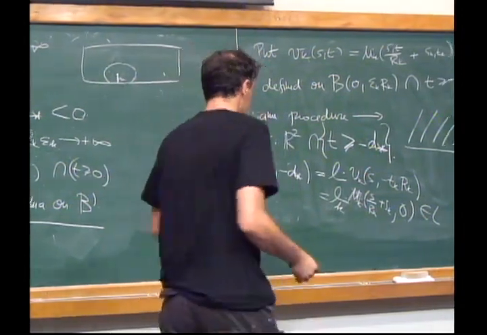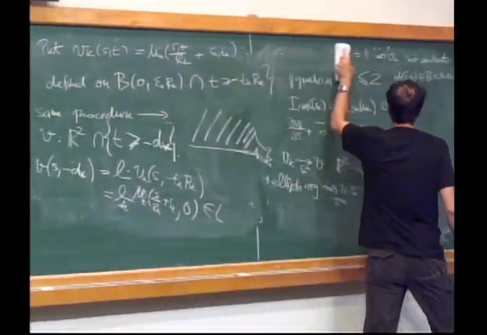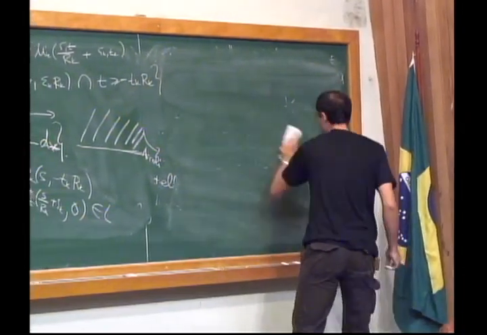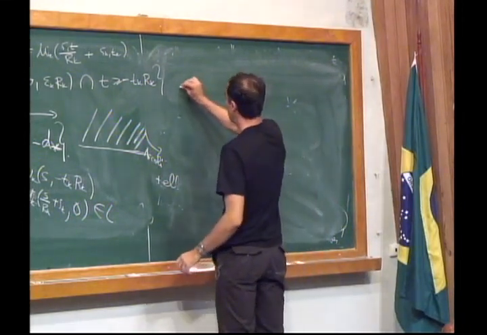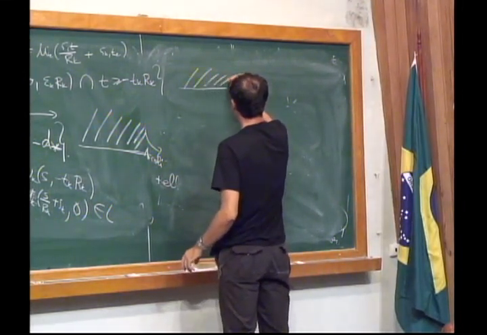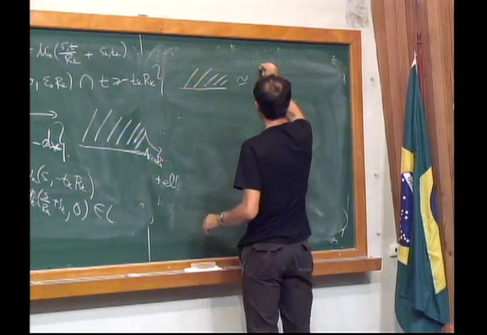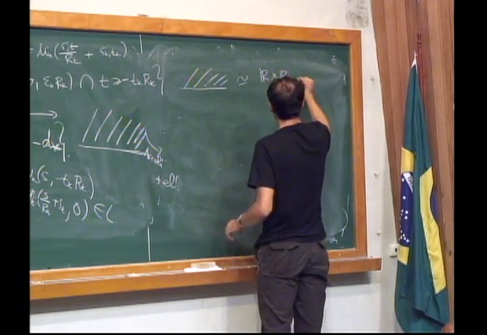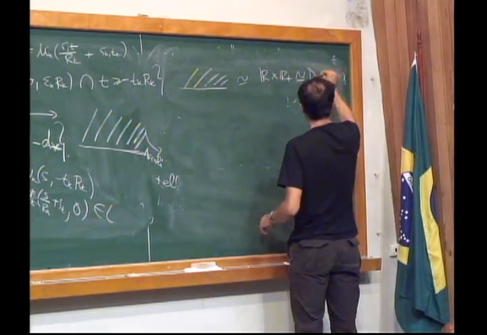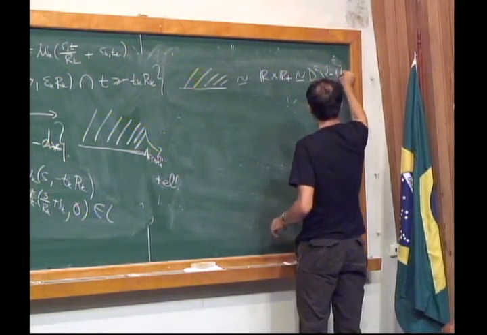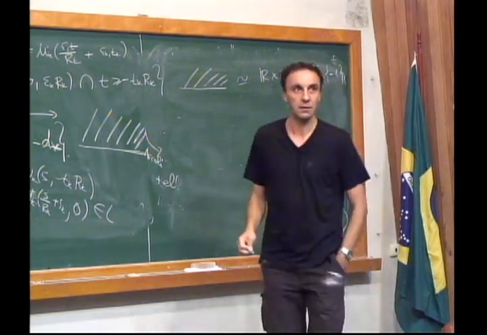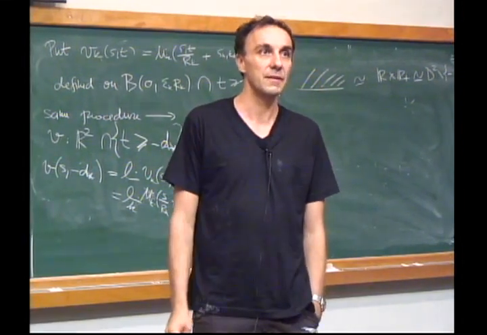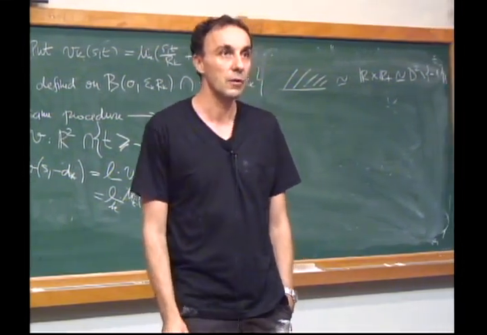So this half plane you can consider as being R times R plus, and then it's holomorphically conformally equivalent with the disk without minus 1.